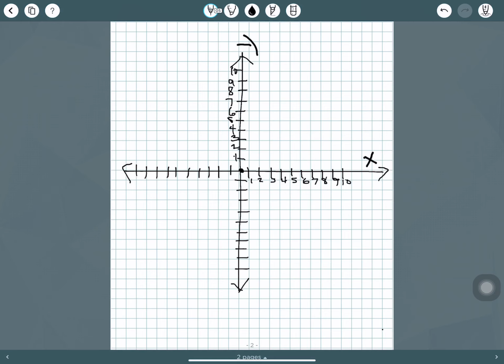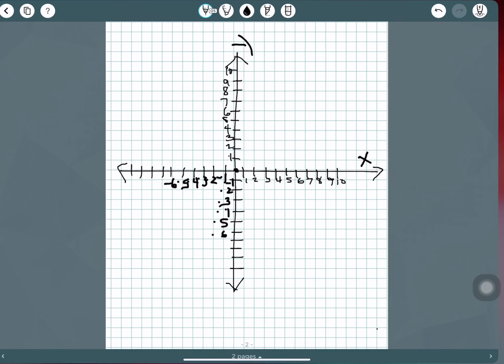If you just take a look at the x-axis, then that would be -1, -2, -3, -4, -5, -6, and so on. And then the vertical number line -5, -6, and so on.